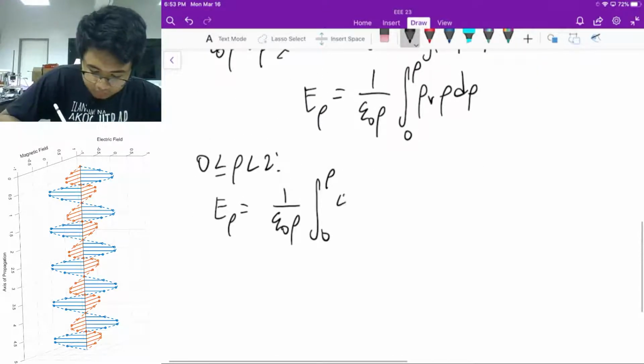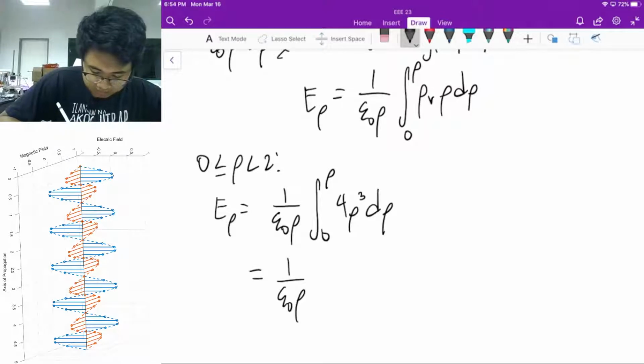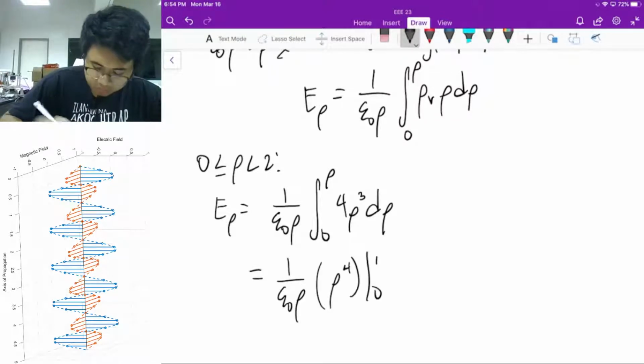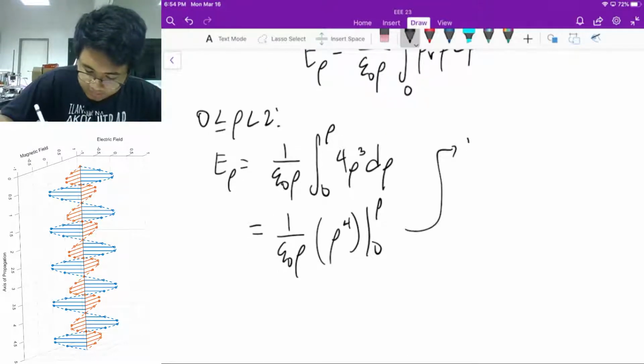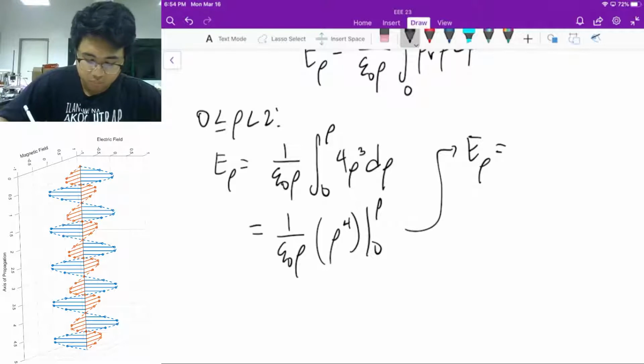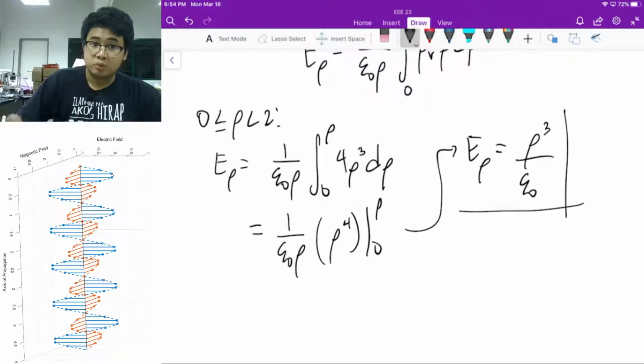So that's 4 rho squared times rho, which becomes 4 rho cubed d rho. You integrate that, you get 1 over epsilon naught rho times rho to the 4th, evaluated from 0 to rho, and the electric field is equal to rho cubed over epsilon 0. This is the electric field from 0 to 2.